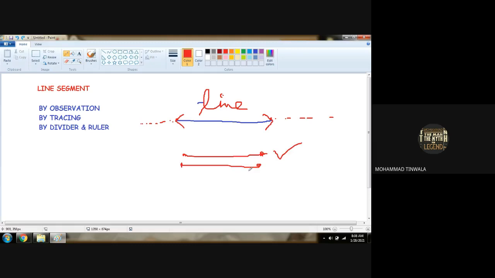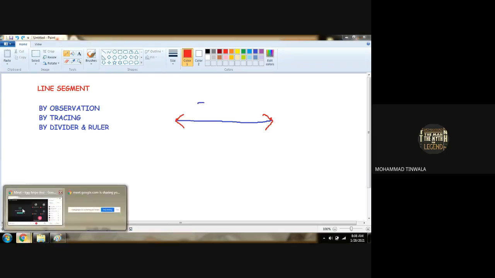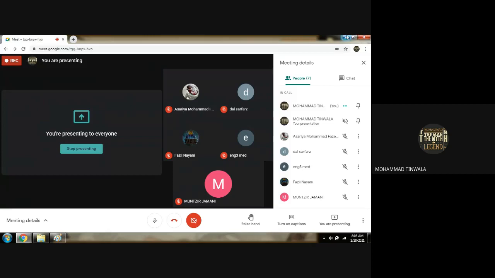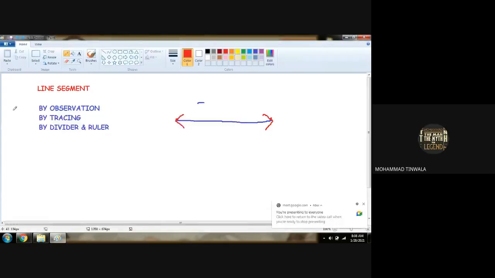Am I right? Yes or no, boys? Can you hear me, boys? Yes, sir. Okay. By observation was the first part, how we can recognize which line segment is greater and which one is smaller.